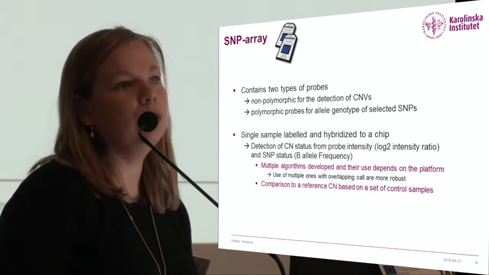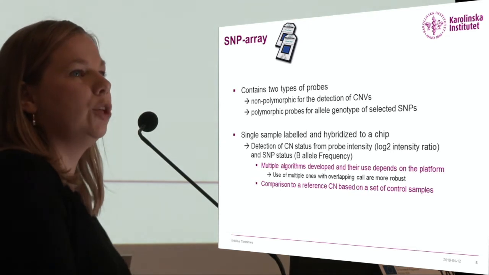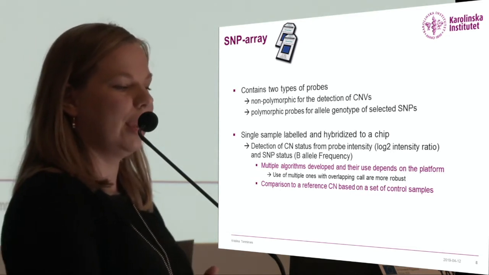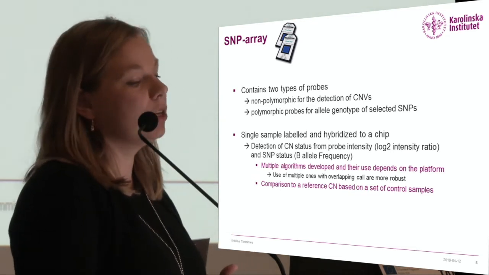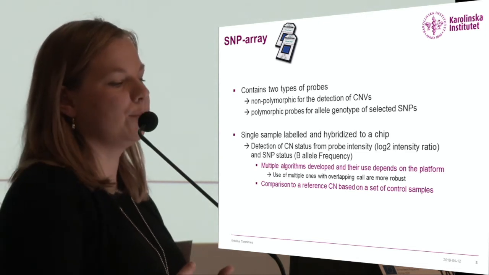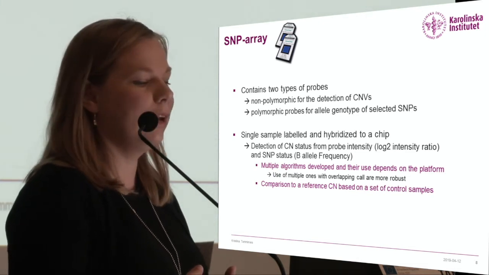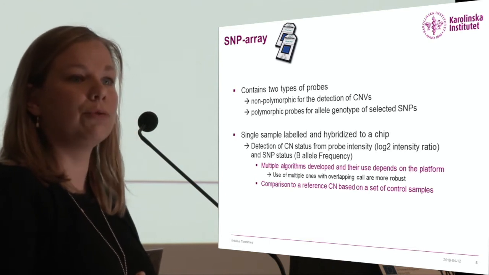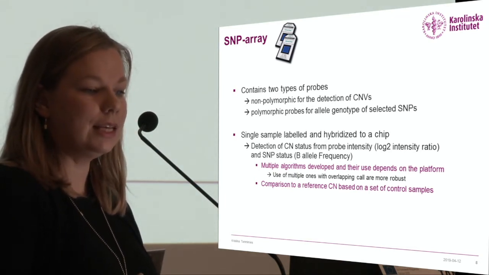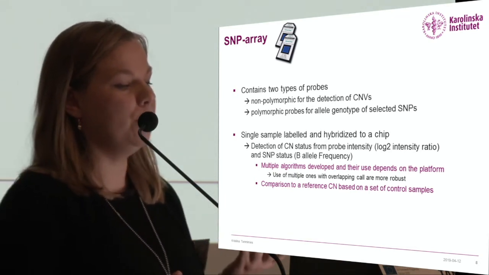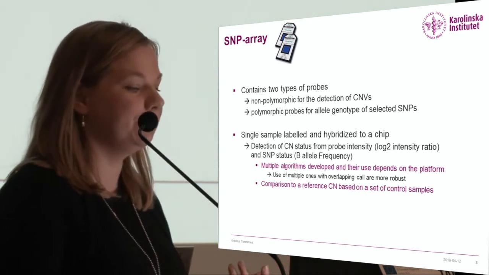On the other hand, what has mostly been used in research is SNP arrays. In SNP arrays, we can have two types of probes. We have the non-polymorphic probes that can be used nicely for detection of CNVs, and then we have the polymorphic probes to detect the genotypes.